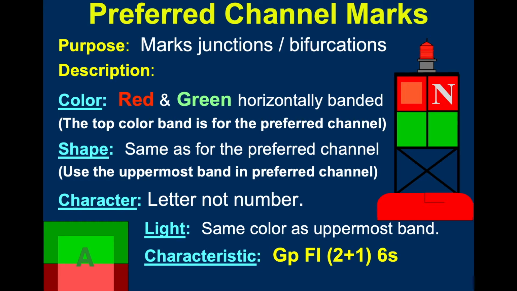And then 2 flashes of red, pause, 1 flash of red, 6-second pause. That's how it flashes. Group flashing 2+1. You'll only see group flashing 2+1 on preferred channel marks, junctions, or bifurcations. They all three are the same thing.